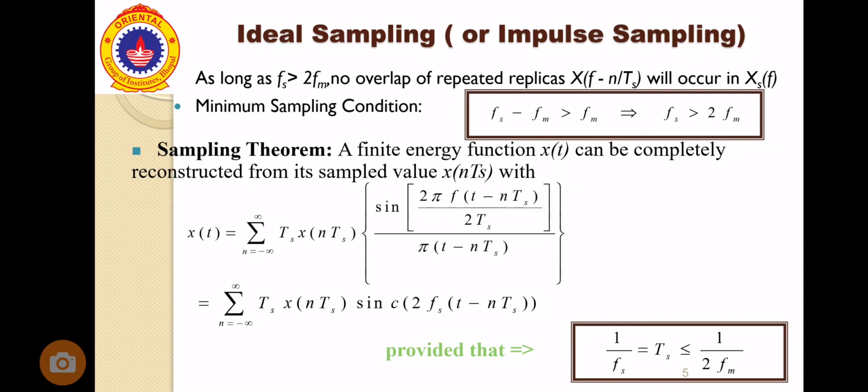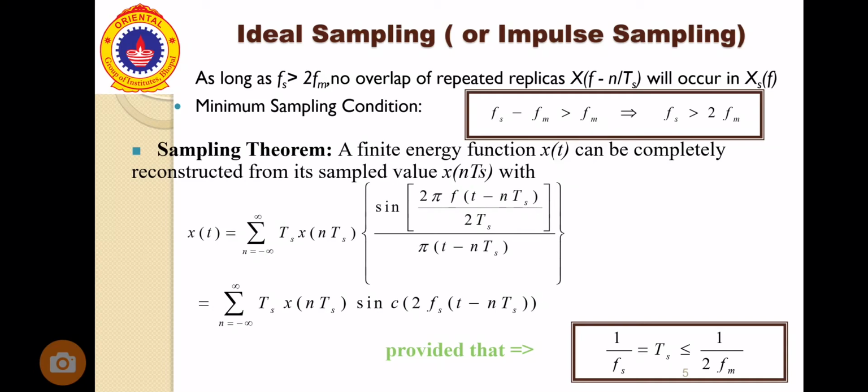So according to the sampling theorem, a finite energy function x(t) can be completely reconstructed from its sample values x(nTs). ठीक है, अगर properly recover करना है तो x(nTs) में आपका जो sampling rate है, वो Ts is less than or equal to 1 by 2 fm होना चाहिए.